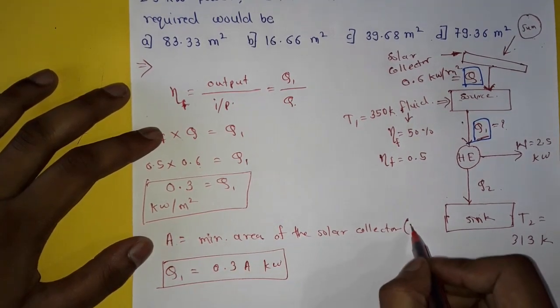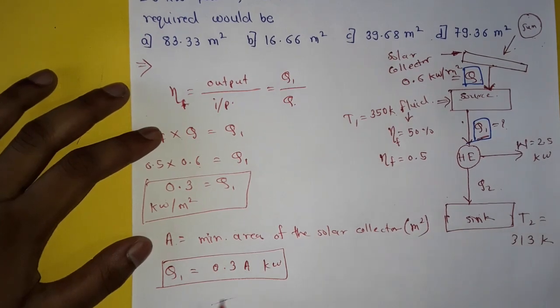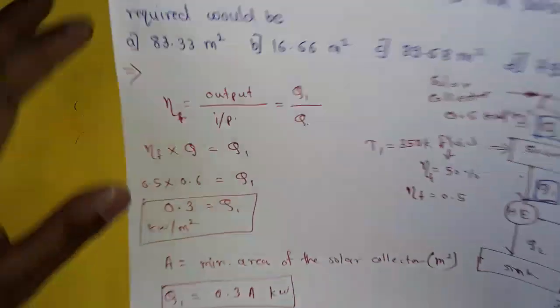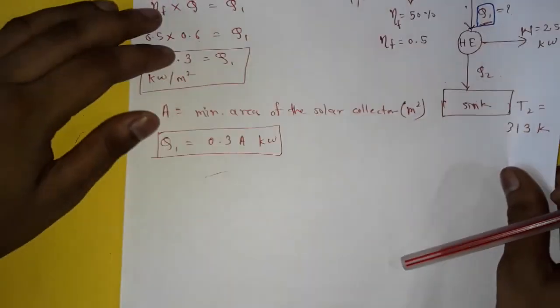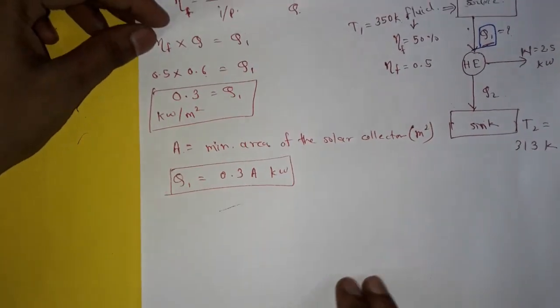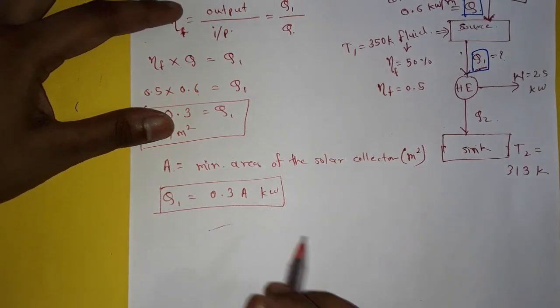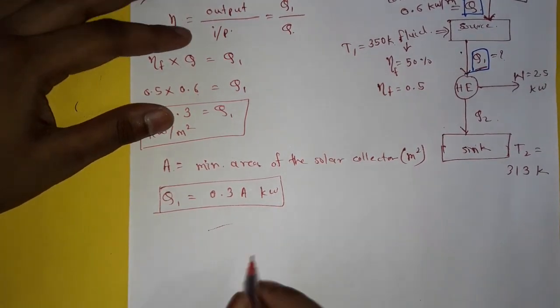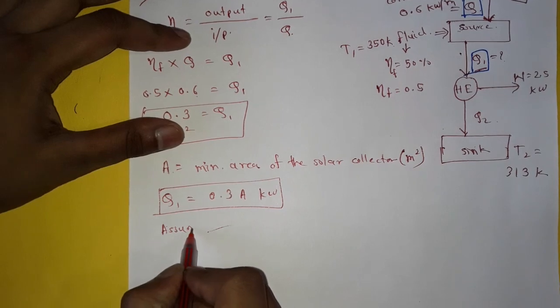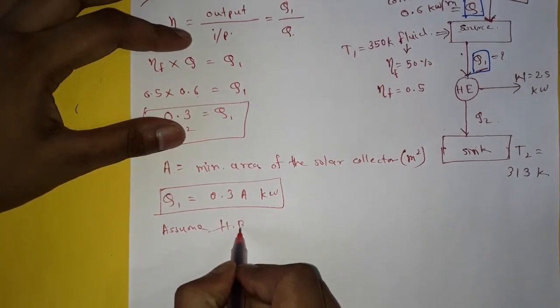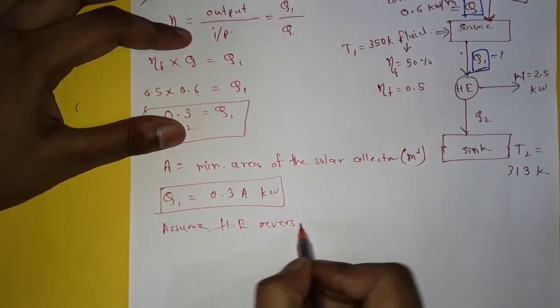This area is in meters square. Now assume the heat engine to be reversible. Assume the heat engine to be reversible.